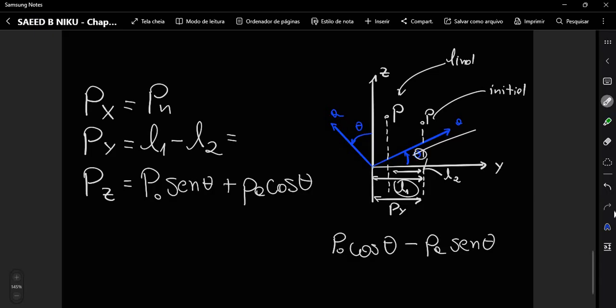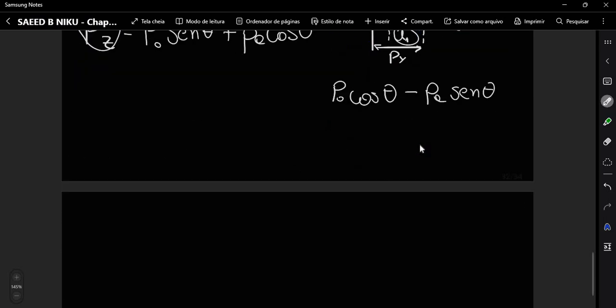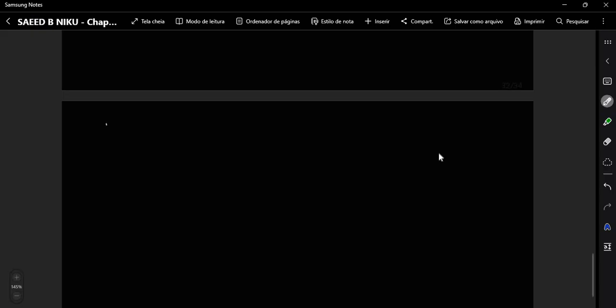We just have to substitute these angles in these equations, and we are able to find the localization of the point after the pure rotation movement. And also we can represent this in matrix form.